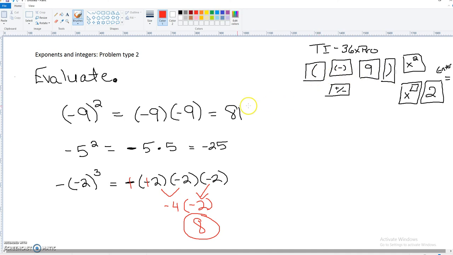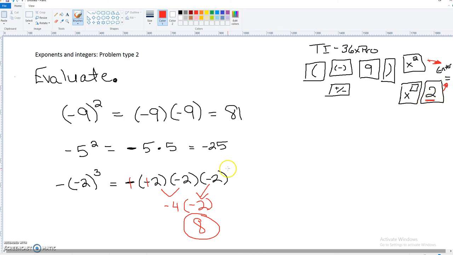On your screen, you should have parentheses -9, close parentheses. Then you can either press the x² button, since in this case it is being squared, and press enter. Or you can get in the habit of using the x to the box. The box means you're going to have to press one more key. In this case it's 2, because that was the power, and then enter.